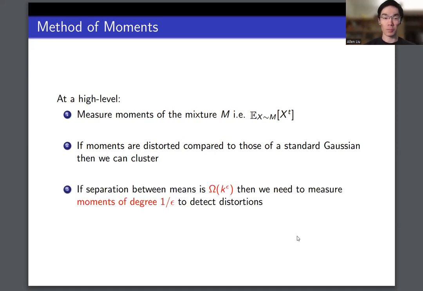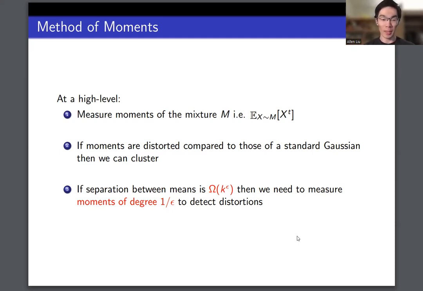To give some intuition for where these previous methods get stuck, at this k to the epsilon versus poly with 1 over epsilon in the exponent trade-off: if the separation between the means is, let's say, k to the epsilon, then note that the component mixing weights are like 1 over k. So in order for one separated component that's k to the epsilon far to actually show up and significantly distort the moments, we need to go to moments of degree 1 over epsilon.